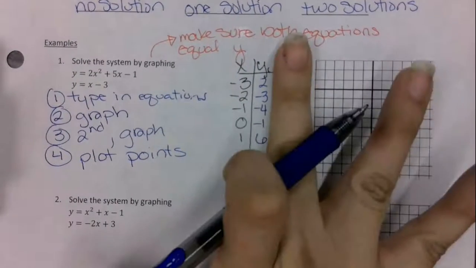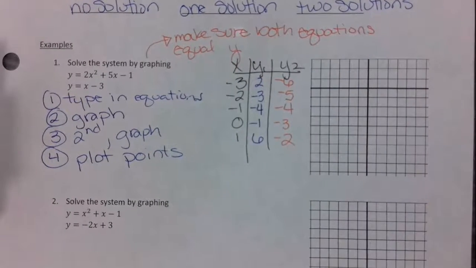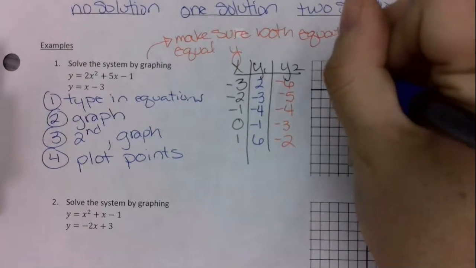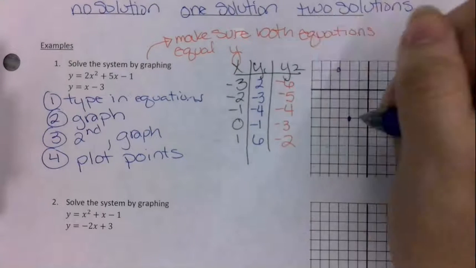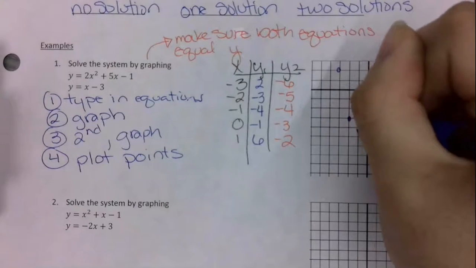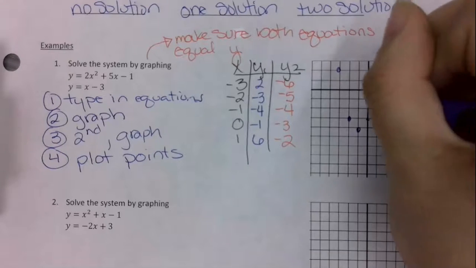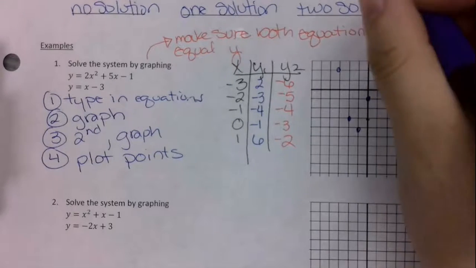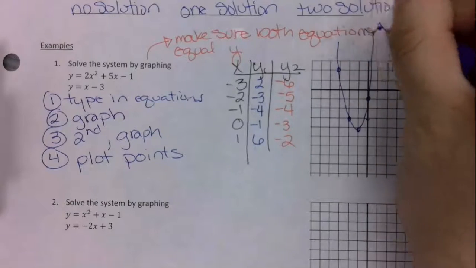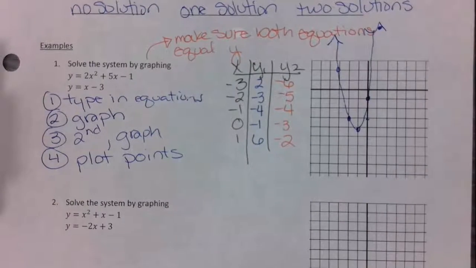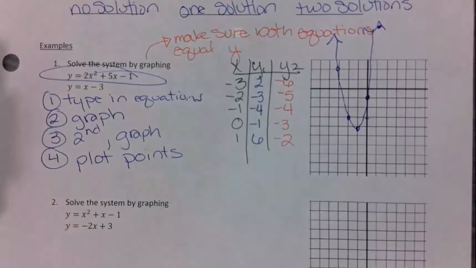When I plot them, I'm gonna ignore the red column first. So I'm gonna do -3, +2, -2, -3, -1, -4, 0, -1. 1, 6 is off this graph. Okay. So that's this first equation.